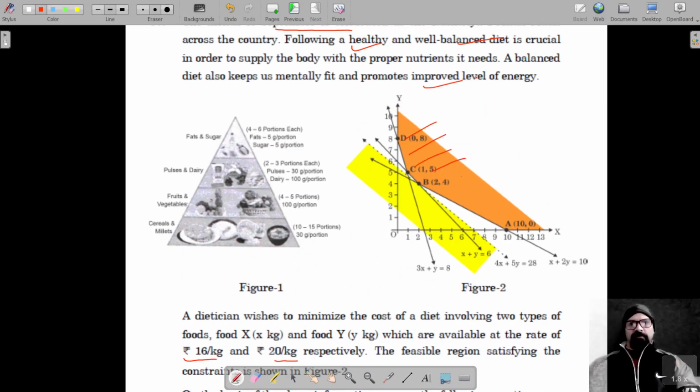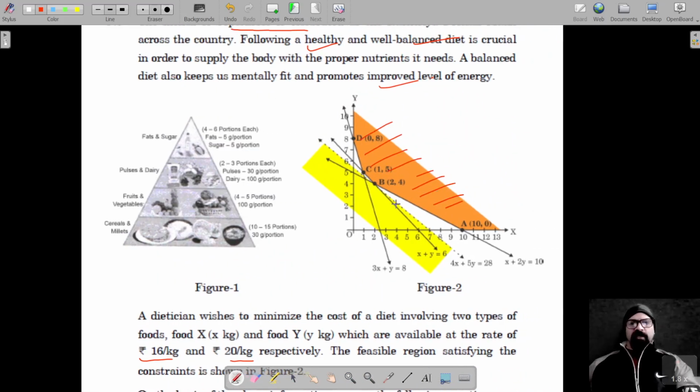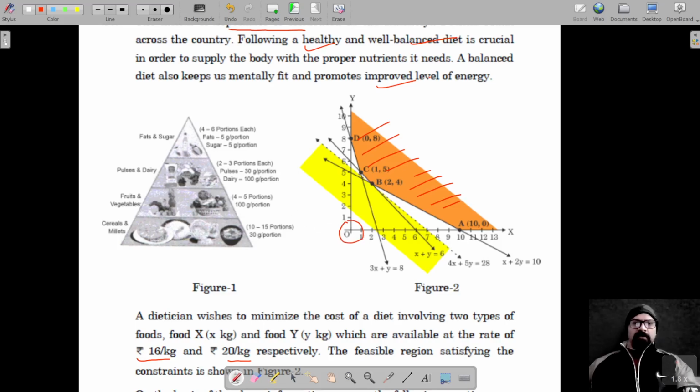So this is our feasible region, which is unbounded, and because it's not towards the origin, that means the given constraints should not satisfy 0 comma 0.